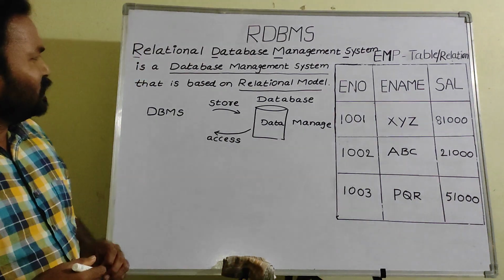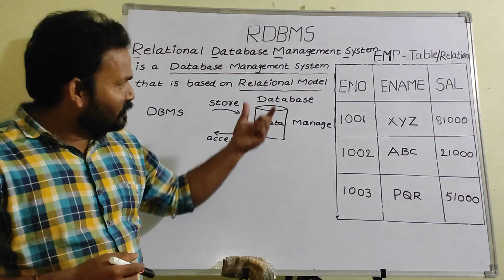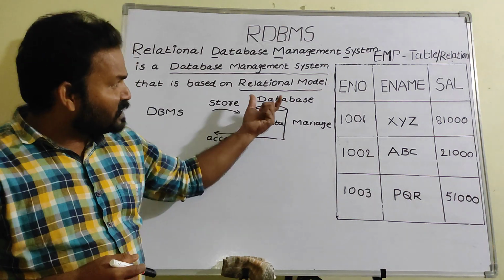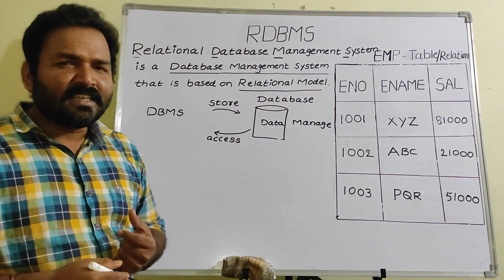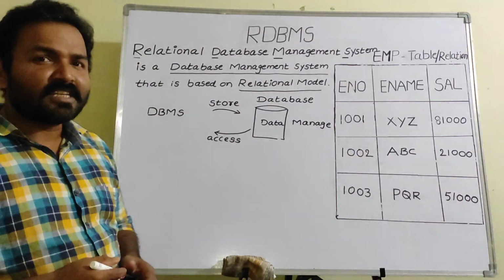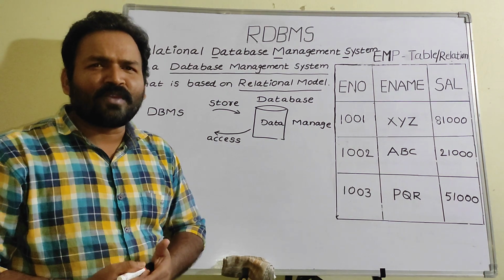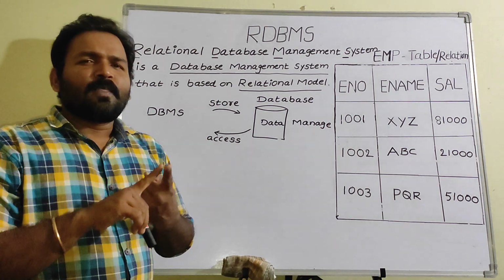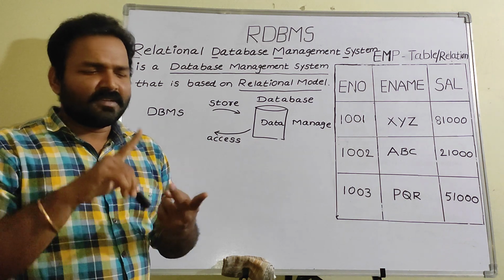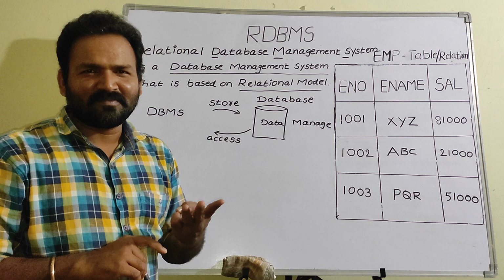Right. Here, what is database? Before discussing what is database, I will give you some examples of DBMS softwares. So what are the DBMS softwares? Fox Pro, DBase, MS Access.